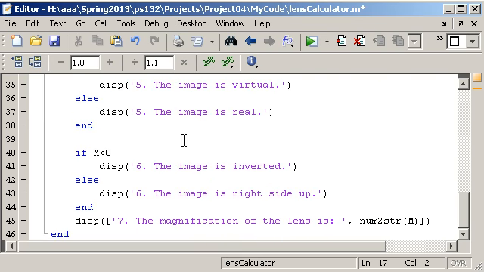Then we need attribution. No outside sources.